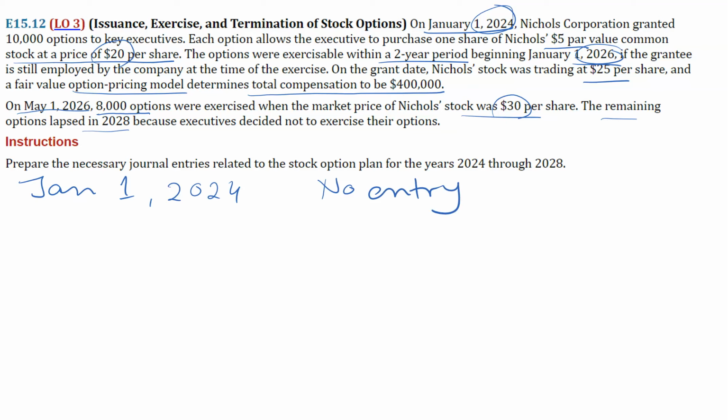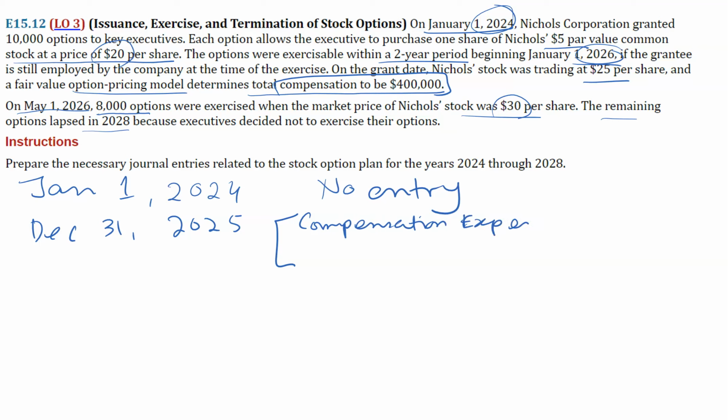Then, based on this compensation expense amount, we recognize it over the service years. So we have 2 service years, 2024 and 2025, and at the end of each year we will recognize the compensation expense. So on December 31st, 2025, we will debit compensation expense, and then we will also show that part in our capital.